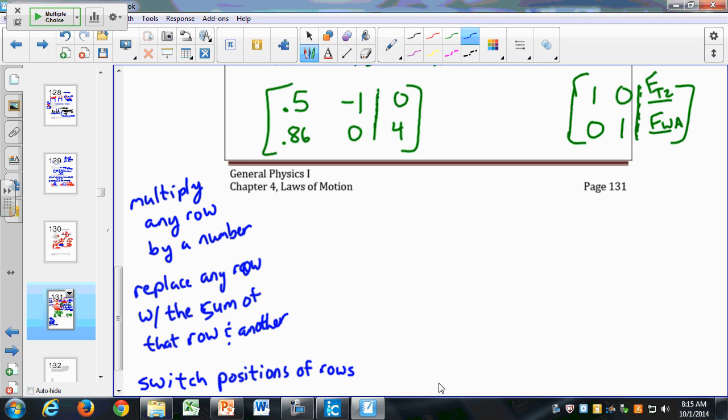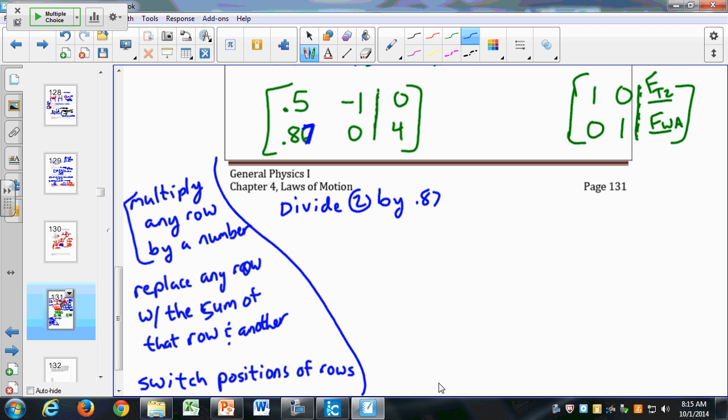All right, so here I start out with this matrix. The first one, and actually let's see, I had 0.87 here, not 0.86. I'm going to divide row 2 by 0.87. All right, so I'm doing this first number, or that first row, and that gives me 0.5, -1, 0.